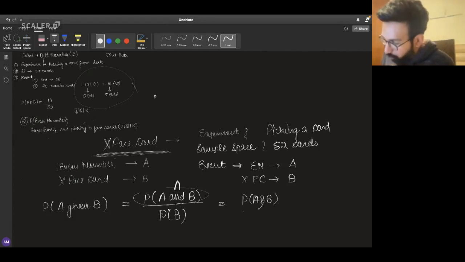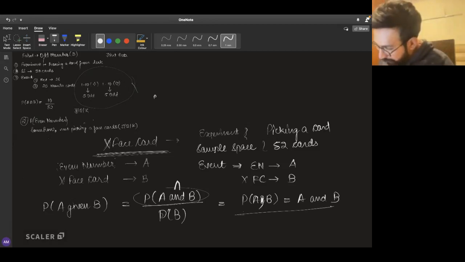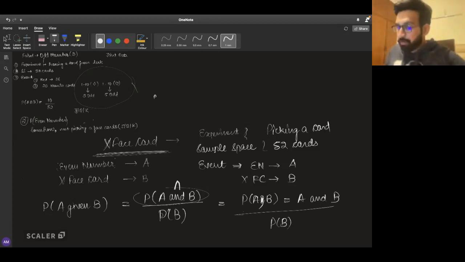It means event A is happening and event B is also happening. We'll see why we scale it this way.